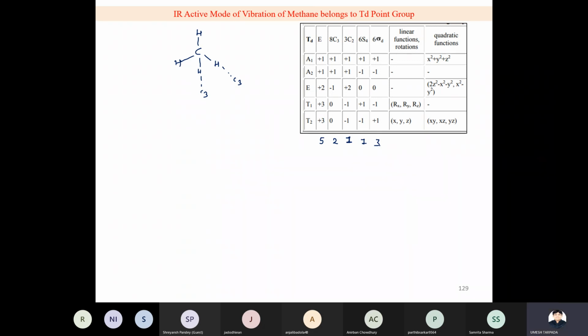So you can write down the T2 mode as it is, whatever mode is there, and simply do the summations. Now the trace becomes 3, 0, minus 1, and 1. And you can do the multiplication.